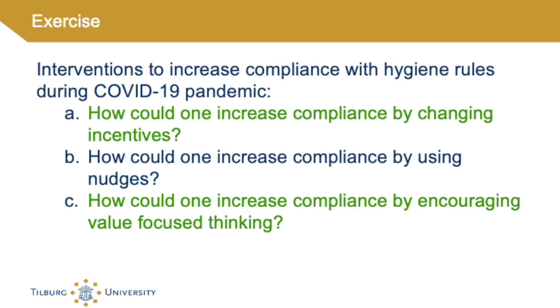So by changing monetary outcomes. How could you increase compliance by using nudges? And how could you increase compliance by encouraging value-focused thinking? So take some time and think about ways in which the goal of increasing compliance with COVID-19 hygiene rules could be achieved in these 3 routes.